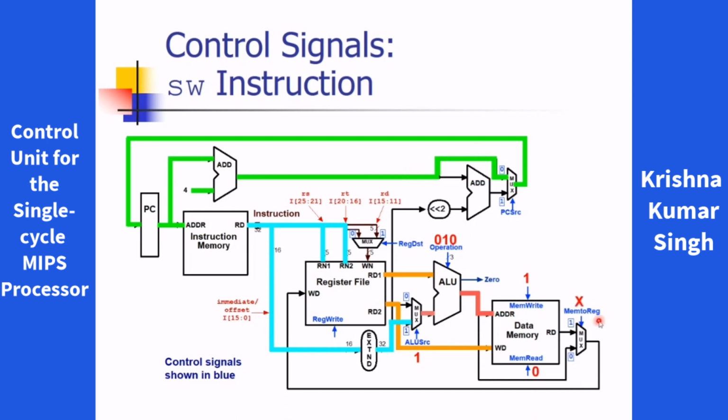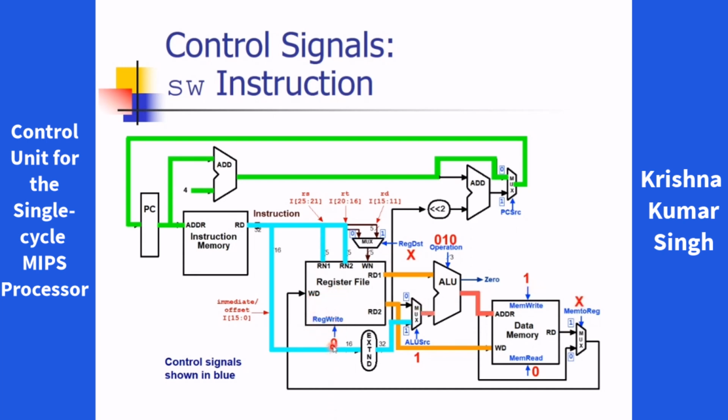Since we don't want to store anything back into the register file, this memory to register can be 1 or 0. There isn't any destination register, so the register destination can be 0 or 1. So we consider it as don't care.